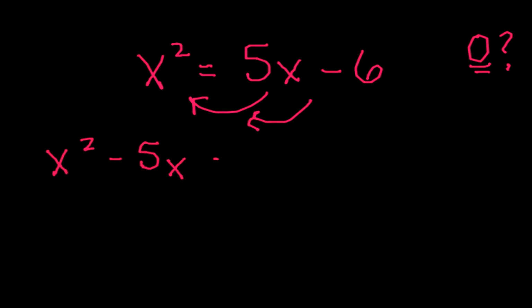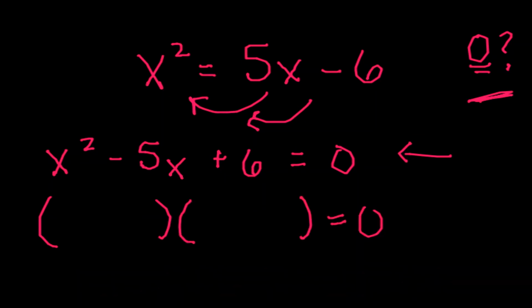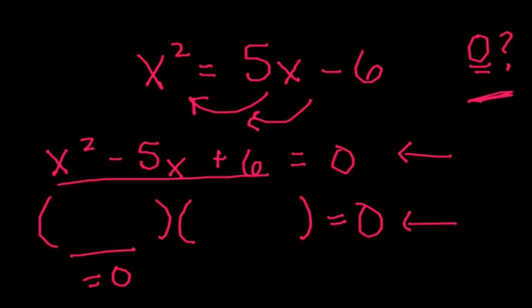I don't really have enough room to just write it out, but feel free. Step 1 is get 0 into the equation. Step 2 is factor. Take the left side and put it in its factored form.